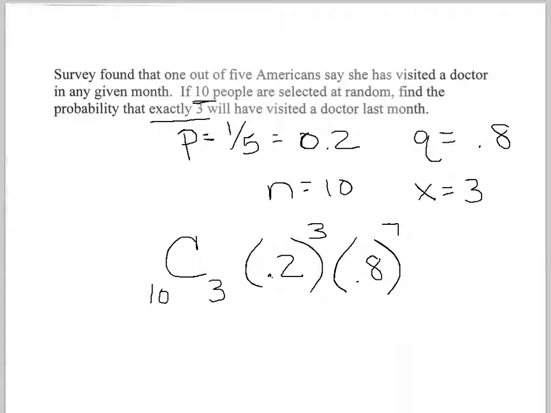Take my time, put that in the calculator, and then end up with that probability, 0.201. If I want it as a percentage, I can say about 20% of the time. If I selected 10 people at random, I would expect exactly 3 of them to have visited the doctor.